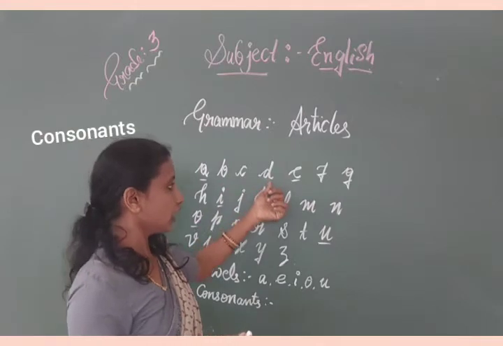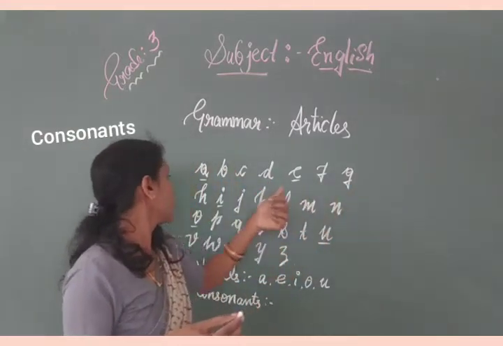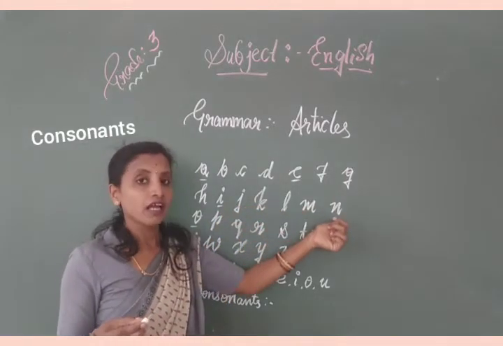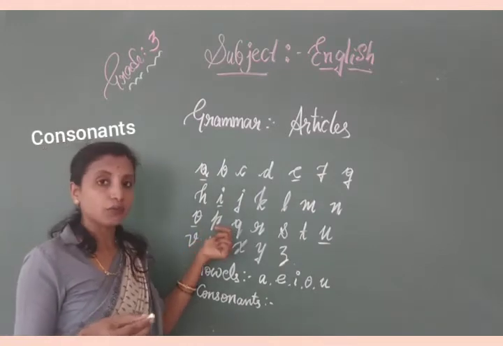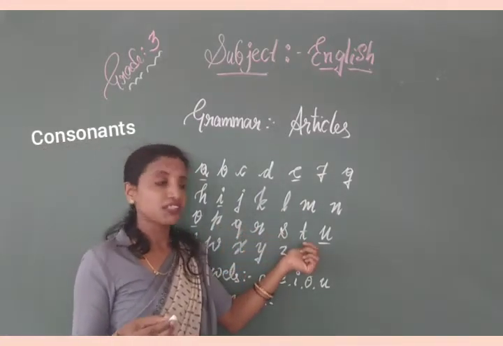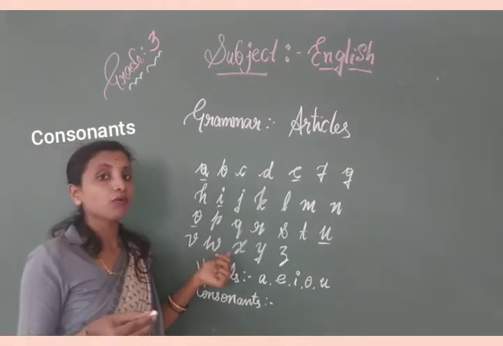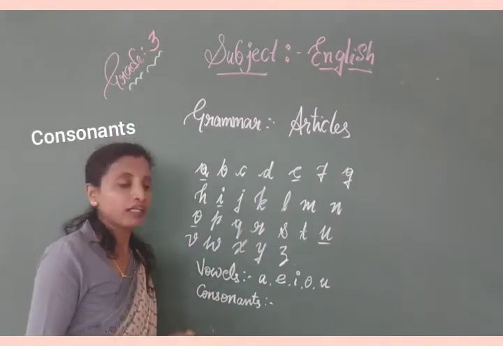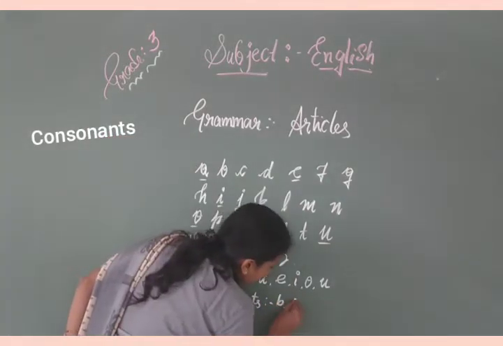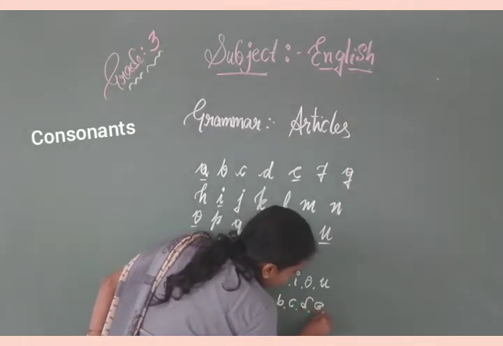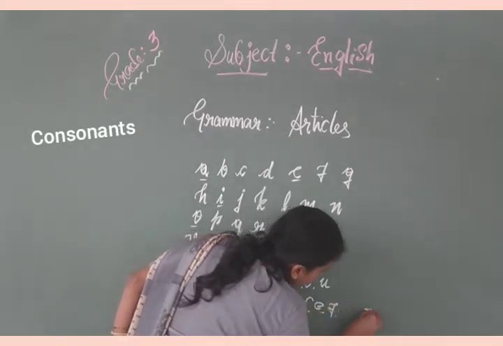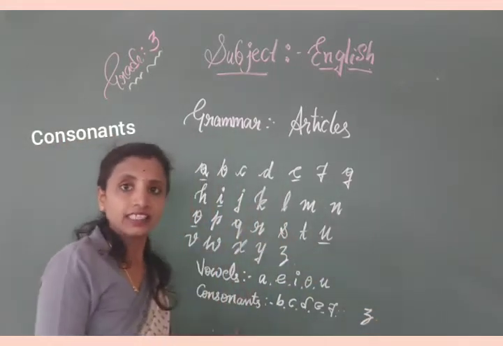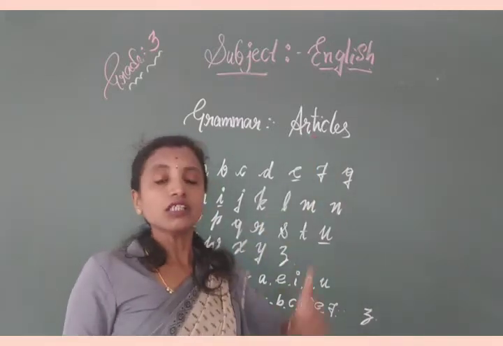B, C, D, F, G, H, J, K, L, M, N, P, Q, R, S, T, V, W, X, Y, and Z. These 21 letters we call the consonants. Is it clear? Now let's move to the articles.